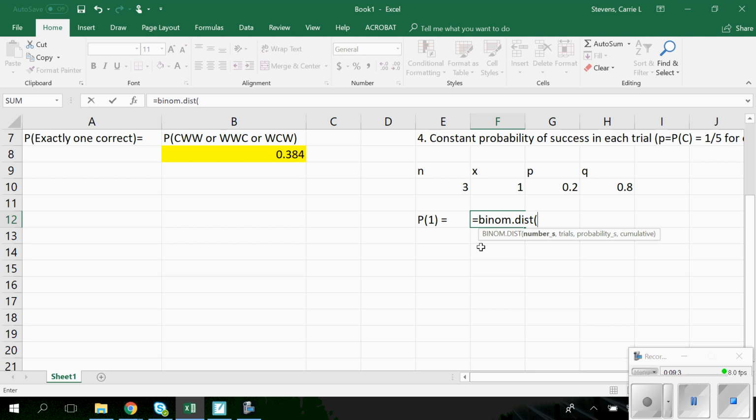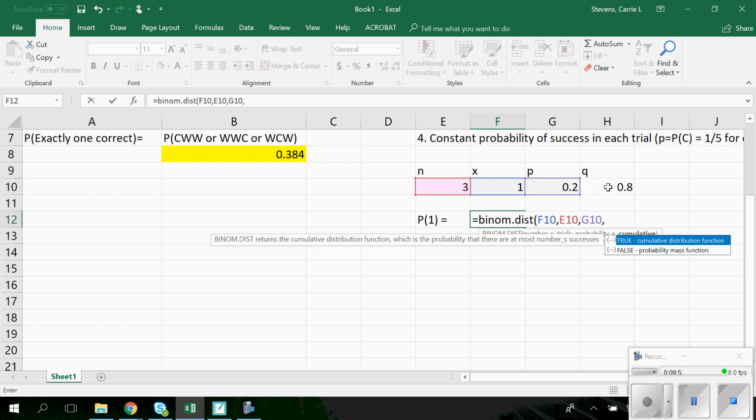All right, so BINOM.DIST, the number of successes is the first thing we're asked for here. Number_s means the number of successes, so that would be x, or you could just type in the number 1. The number of trials is 3. The probability of success in each trial is 0.2. We don't have to include q anywhere here, because the formula is already programmed to subtract 1 minus p to get q.